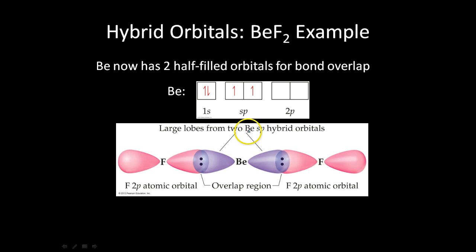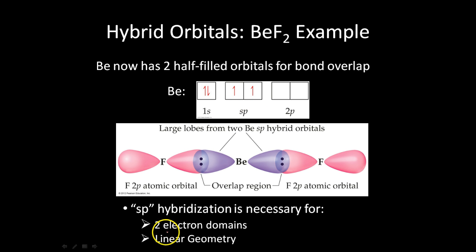This hybridization is necessary for molecules with two electron domains, that is, molecules that have a linear geometry. And you'll find that all of the different types of electron domains require these hybridizations.